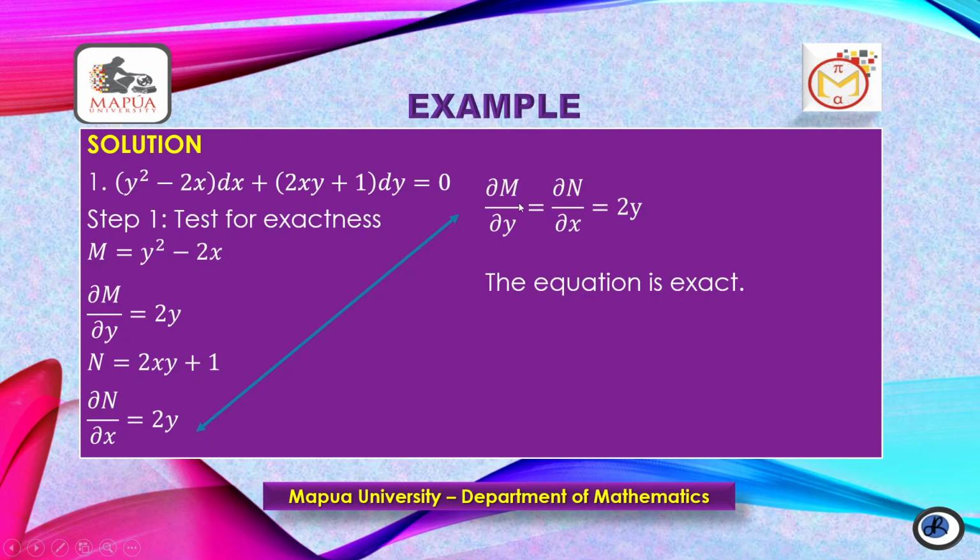The partial derivative of M with respect to y is equal to the partial derivative of N with respect to x, which is 2y.